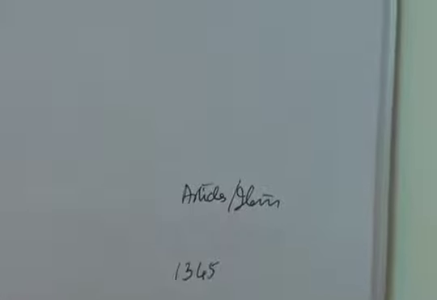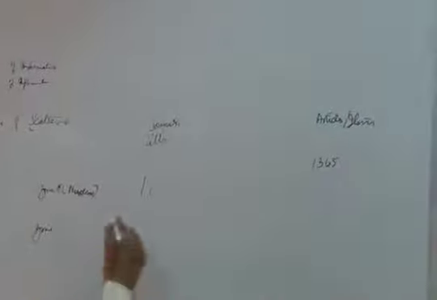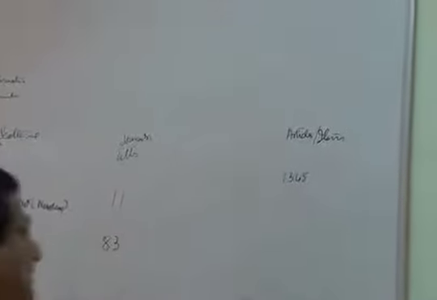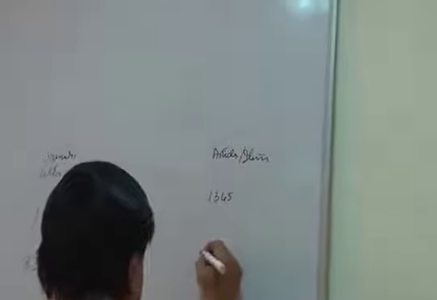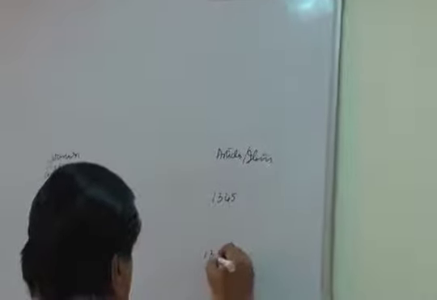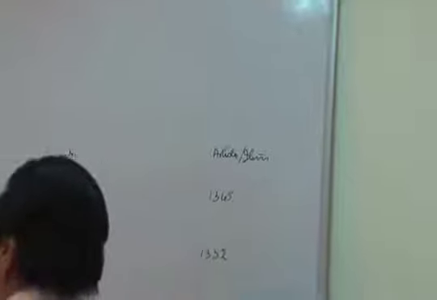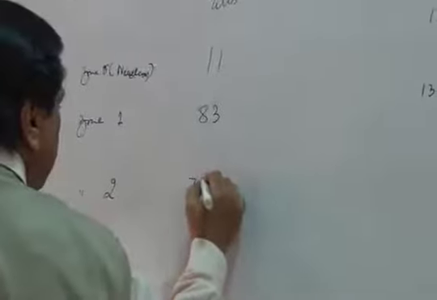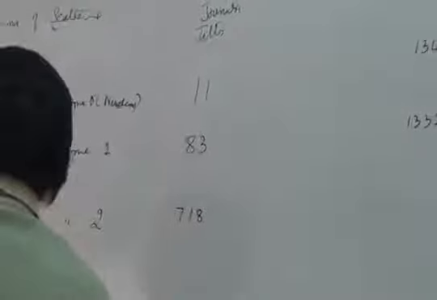Then in the first zone, or the zone after the nuclear zone, how many journals? 83 journals. And carrying how many articles? 1332. Then zone 2. How many titles? 718.